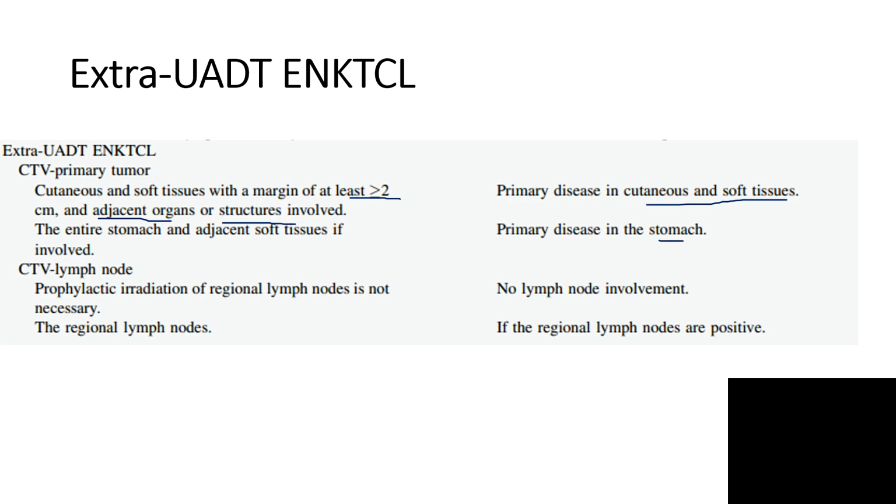If it's a stomach disease, the entire stomach needs to be included, including the adjacent soft tissue that was involved. Prophylactic lymph node irradiation is not necessary if there is no gross node involvement, but if there's regional lymph node positivity, then the regional lymph node should be covered. Hence, proper imaging such as MRI or PET-CT scan is really crucial in NKT cell lymphoma.